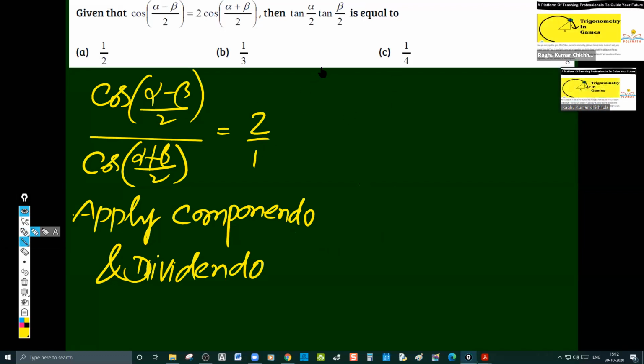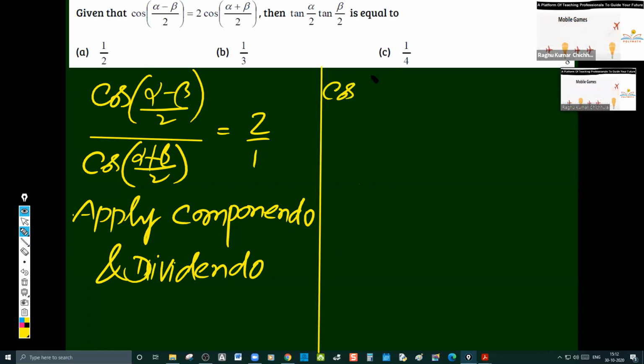Thereby, you'll get the numerator. You must improve your mind calculation, please.